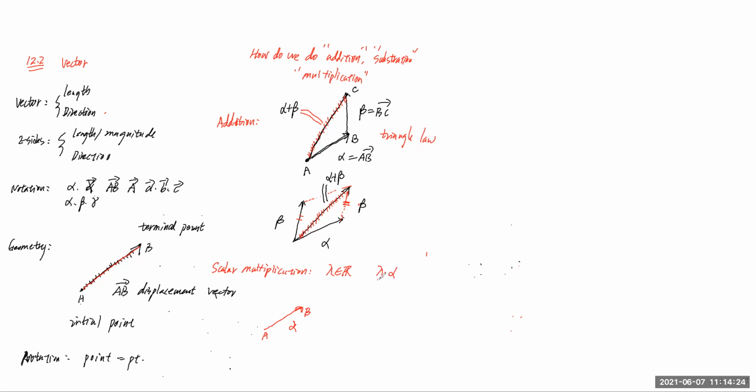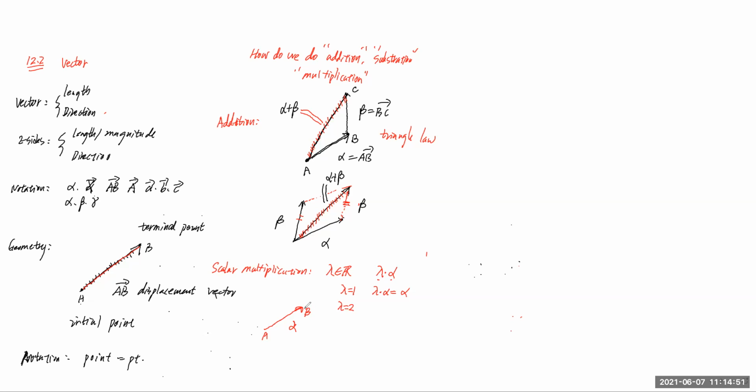A number, a scalar, times a vector. I cannot just give you one picture, because I don't know what lambda is. For example, if lambda is 1, lambda alpha should be alpha, right? If lambda is 2, how do we draw this?